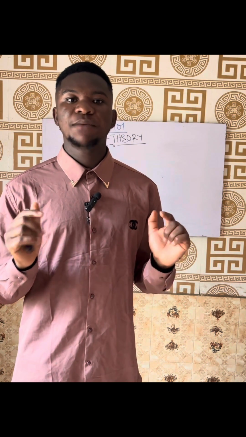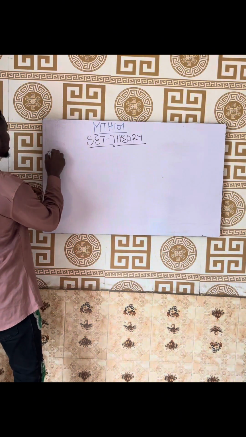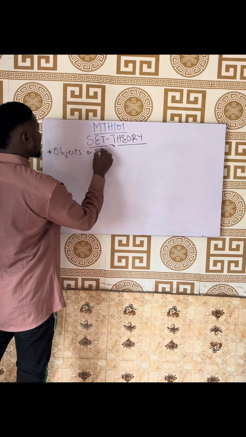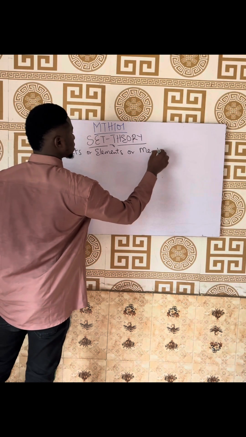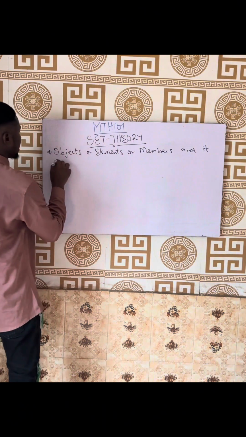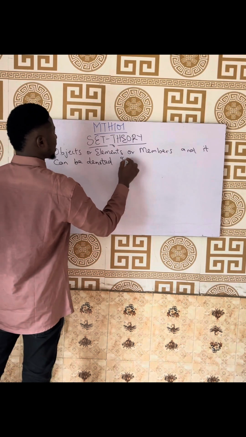What is a set? In a simple manner, a set simply means a collection of objects. The objects present in a particular set can also be referred to as elements or members, and it can be denoted by this sign.